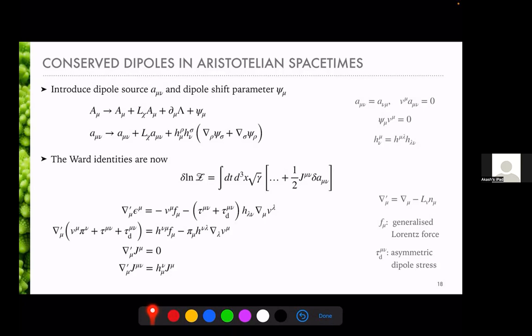Unless I'm not understanding your question, you have integrated out the matter fields, and let's suppose the gauge fields are background gauge fields, not dynamical.